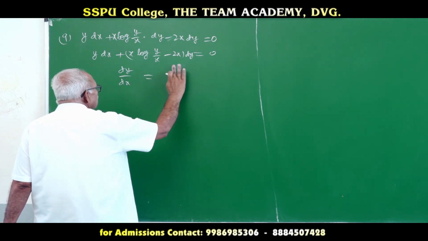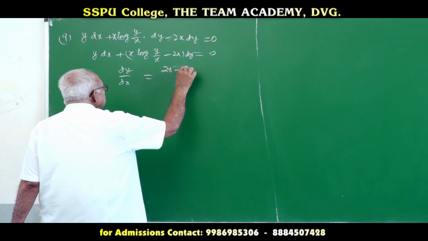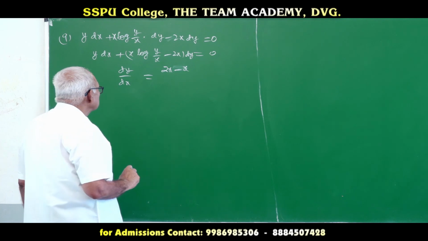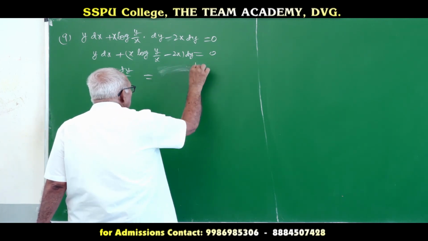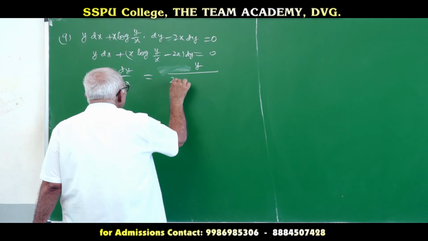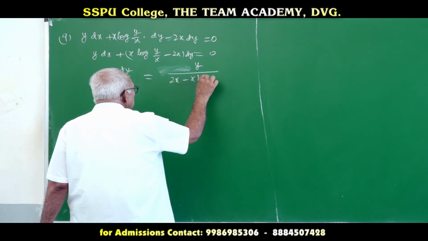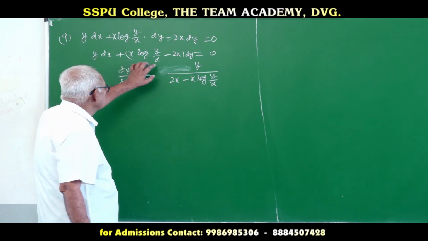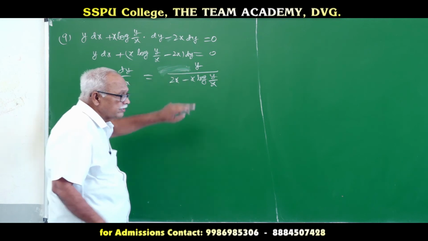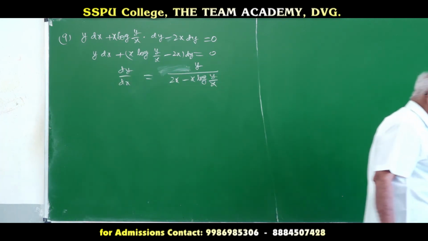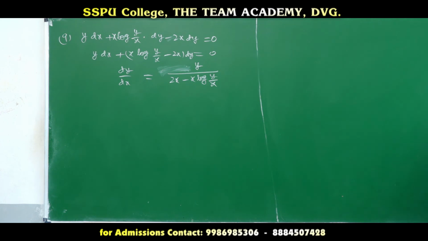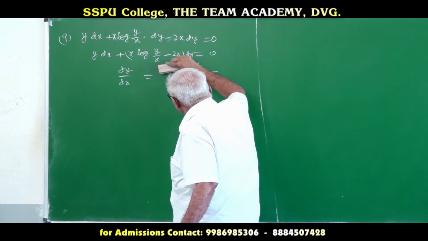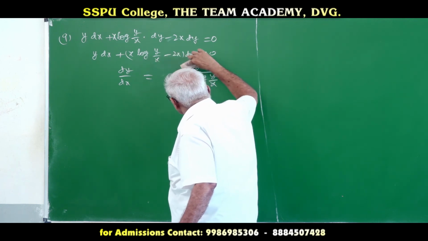So dy by dx is equal to y divided by 2x minus x log(y/x). First it will become minus y. So minus y I have taken as the denominator, instead of log(y/x) minus 2x, I have taken the minus sign here. So you just verify it.